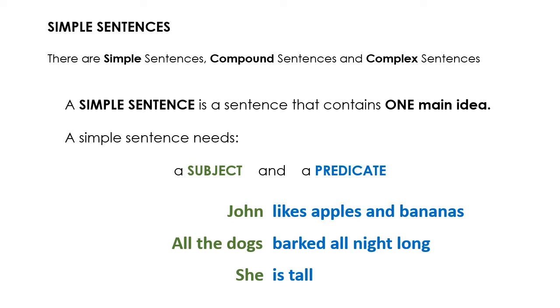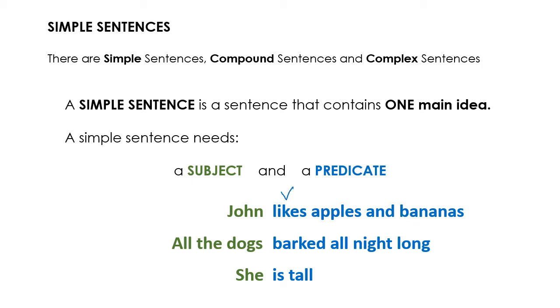That's all it means. So, our first example, John, that's the subject, likes apples and bananas. That's the predicate. This predicate actually has a verb, likes, and it also has the object, apples and bananas.